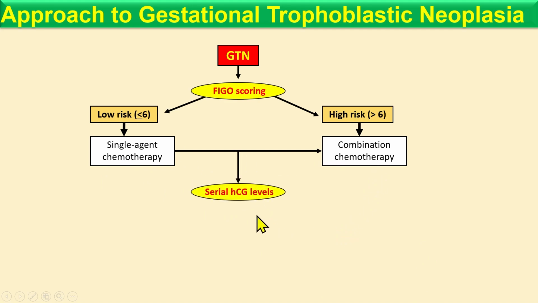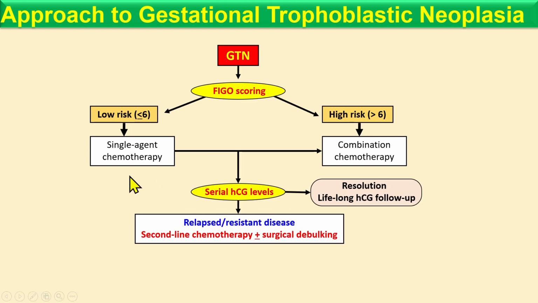Also follow the serial beta HCG level for at least 1 year, with lifelong HCG follow up. And if it's relapsed or resistant disease, go for second line chemotherapy plus or minus surgical debulking. I mean, you can remove the uterus.